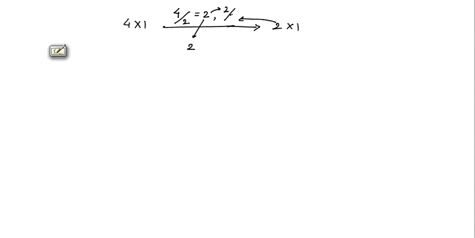So we first implemented a 4:1 multiplexer using 2:1 multiplexers. 4 divided by 2 will be equal to 2. This 2 will be taken here. Now this 2 divided by 2 will be equal to 1. So 2 plus 1, total required multiplexers were 3.